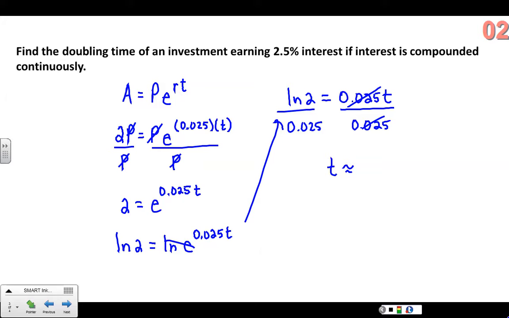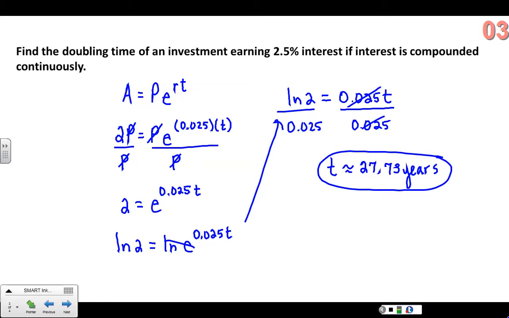So natural log of 2 divided by 0.025 equals 27.7, and I'm sure this is in years. 27 point, let's see, do we have to round anything? 27.3.